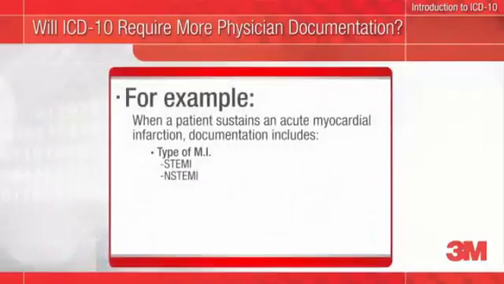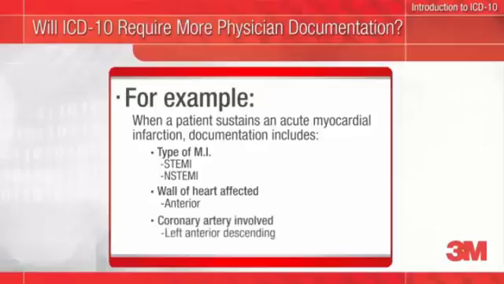For example, when a patient sustains an acute myocardial infarction, you typically document the type of MI, either STEMI or NSTEMI, the wall of the heart affected, anterior for example, and the coronary artery involved, such as the left anterior descending. All of this information was not needed to code an acute myocardial infarction in ICD-9, but it is needed in ICD-10 and is already being documented in the medical record by you today.